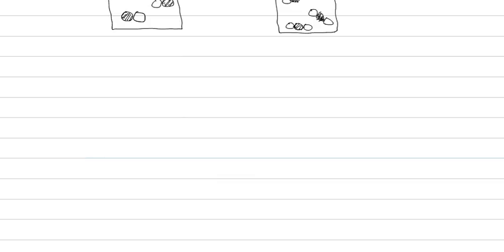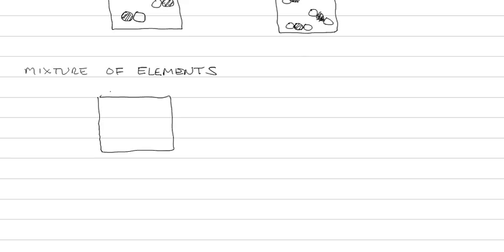We have to be able to recognize a mixture of elements. So these can be diatomic or singles. They can be colored or not colored.